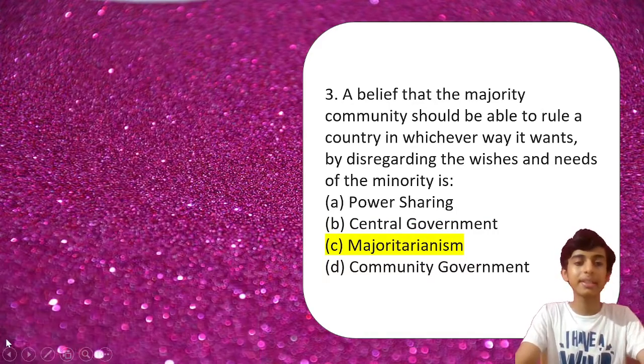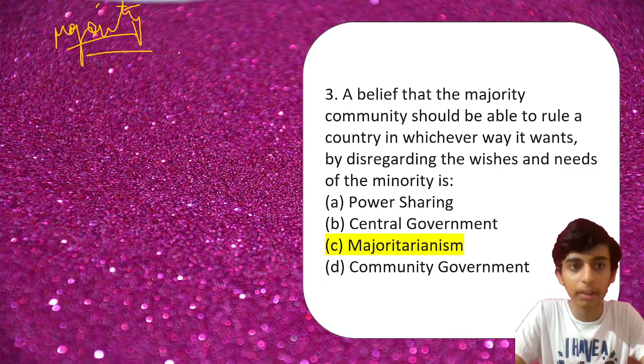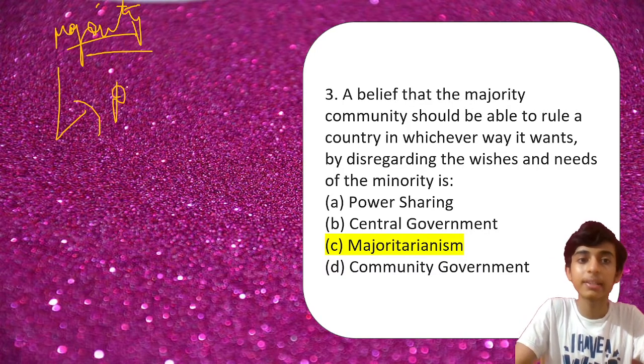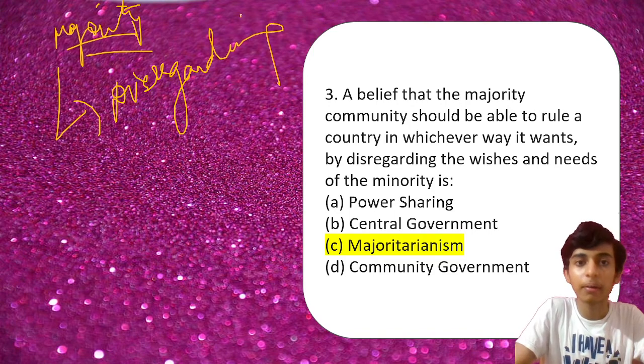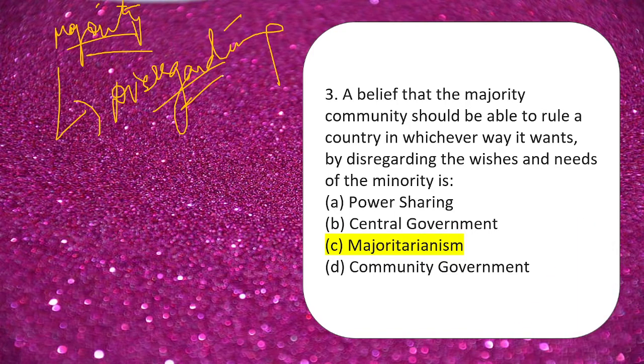So what is exactly this majoritarianism? That majority people are going to vote. Majority people are able to rule the country whichever way they want, disregarding the needs of the people.